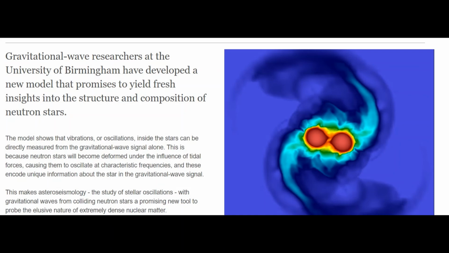This is because neutron stars will become deformed under the influence of tidal forces, causing them to oscillate at characteristic frequencies. And these encode unique information about the star in the gravitational wave signal. This makes asteroseismology, the study of stellar oscillations with gravitational waves from colliding neutron stars, a promising new tool to probe the elusive nature of extremely dense nuclear matter.